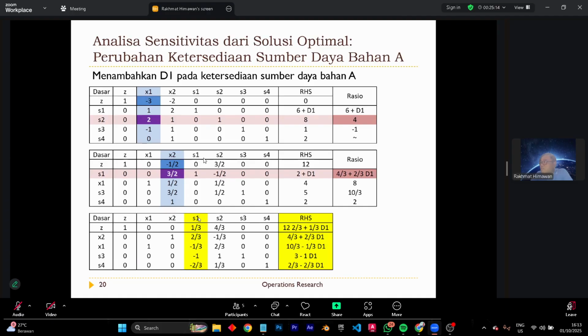Here we already know this coefficient, which now we are talking about raw material A. So we see what's the coefficient under S1, which relates to raw material A. We can see the coefficient here. Let me check one more time.